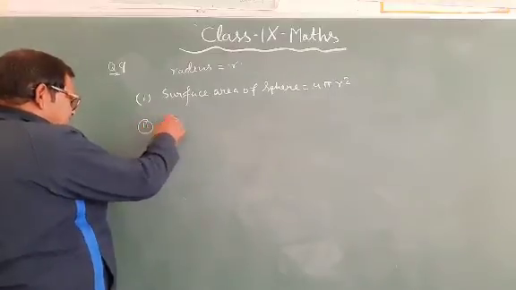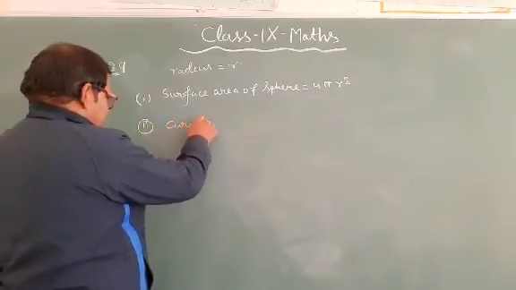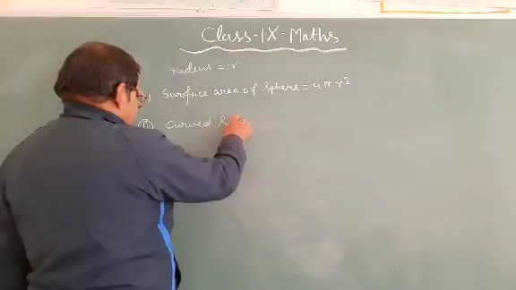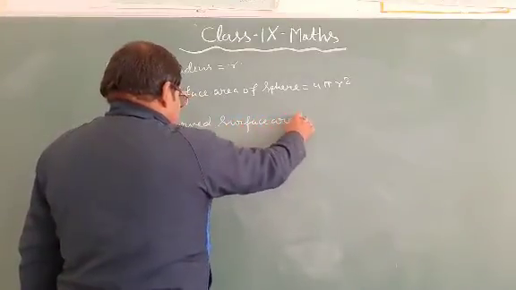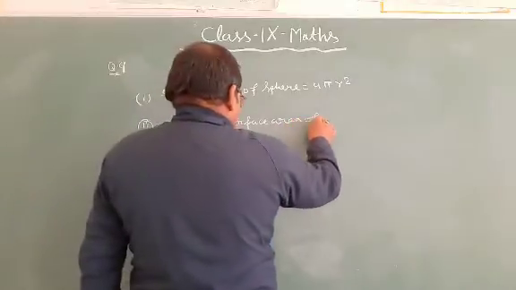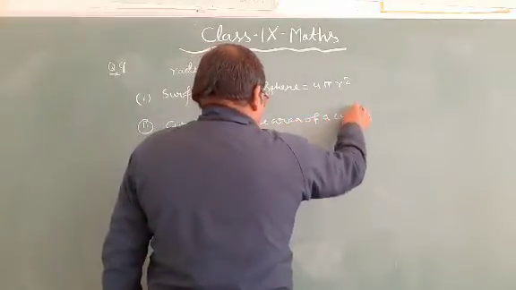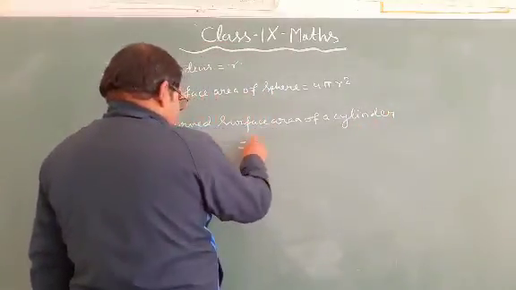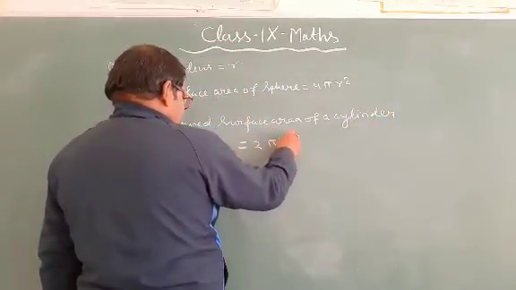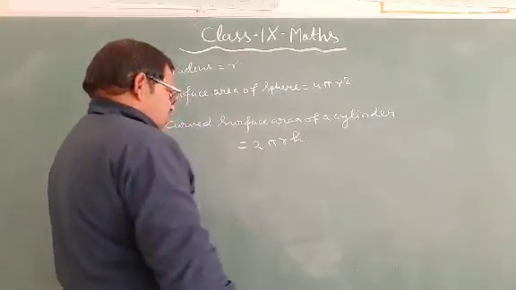And second, the curved surface area of the cylinder is equal to 2 pi rh.